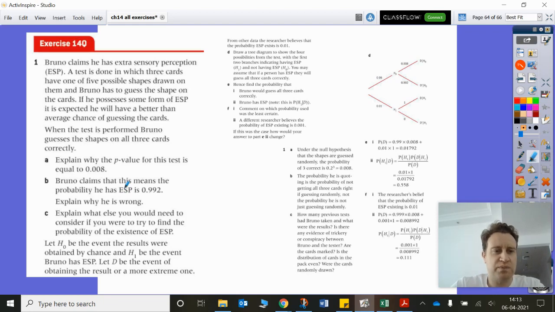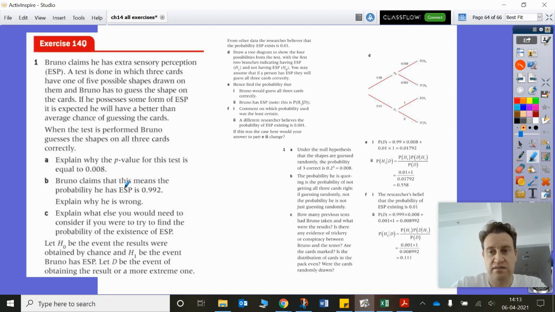Okay, so in the next part, it says let H0 be the event that the results were obtained by chance, and H1 be the event that Bruno has ESP. Let D be the event of obtaining the result or a more extreme one.